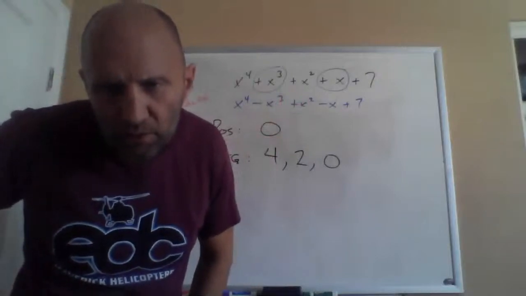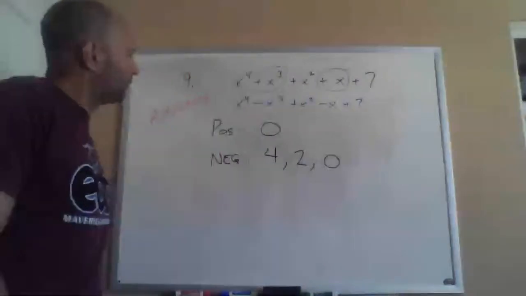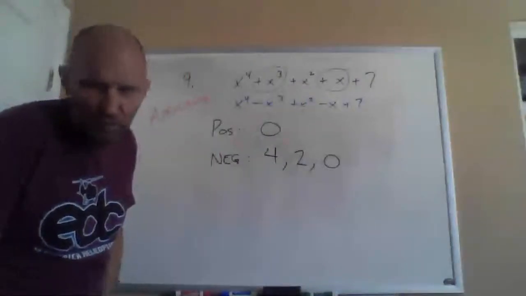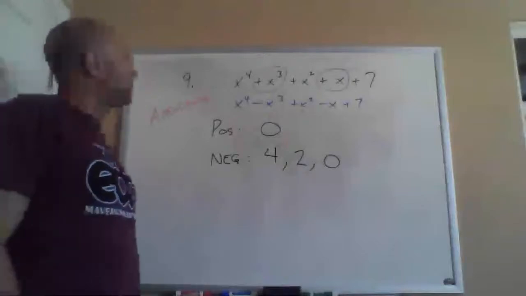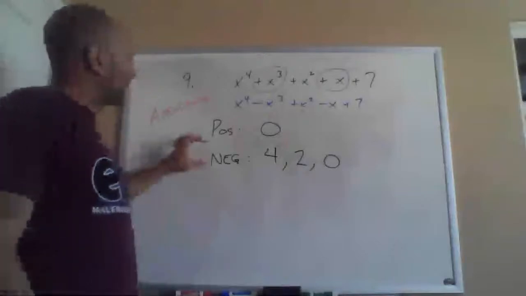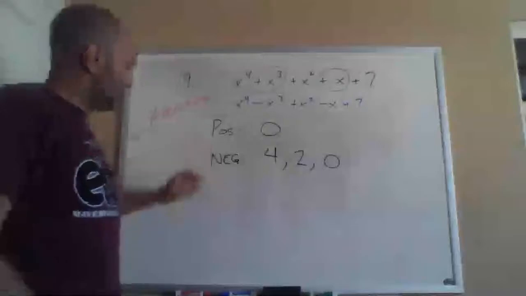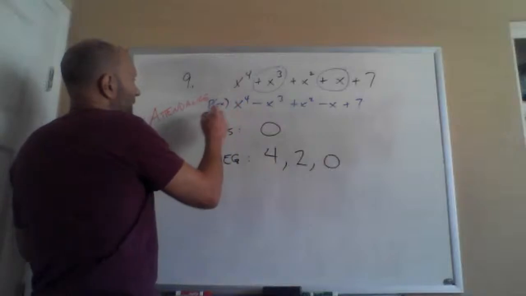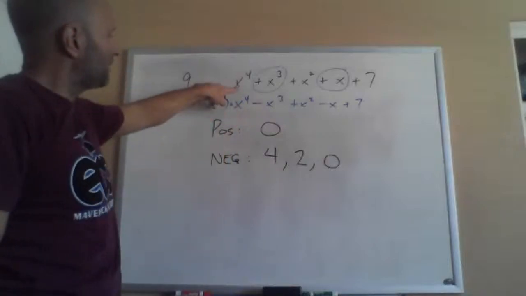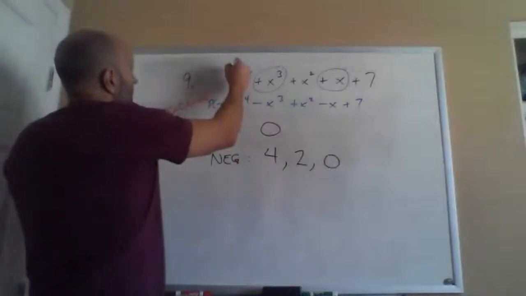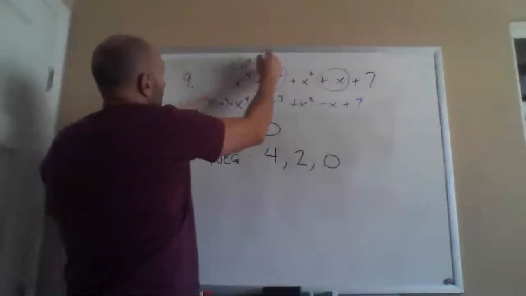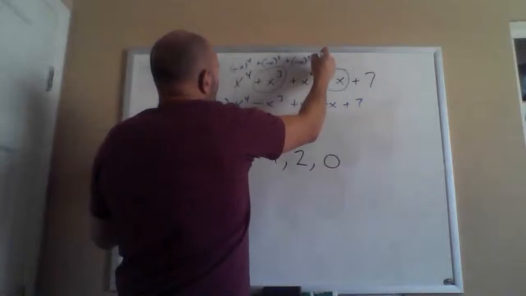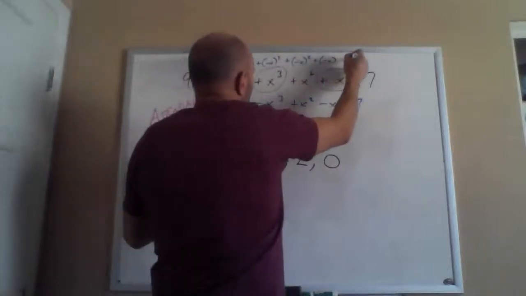So explain the negative sign change. Okay, yep. So the negative 0 values. Okay, so to find out the possible negative roots, the long version of what we're doing is plugging in negative x for all of these. So negative x to the 4th plus negative x to the 3rd plus negative x squared plus negative x plus 7.